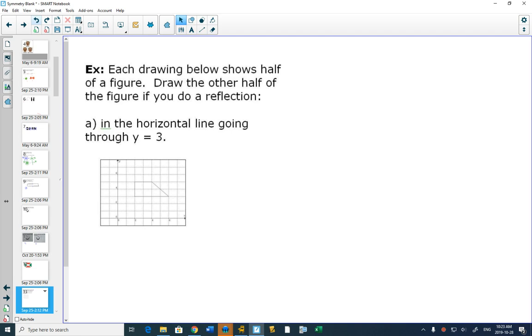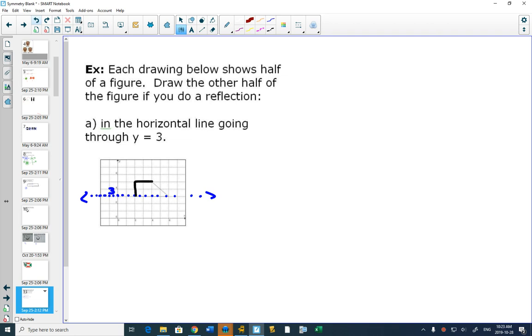The x-axis is horizontal or vertical? The x-axis is horizontal. The y-axis is vertical. So if it's going through y equals 3, I go on my vertical axis and I'm going to put a dot right there. Can you see that that dot is where y is equal to 3? Can you draw a horizontal line through y equals 3?